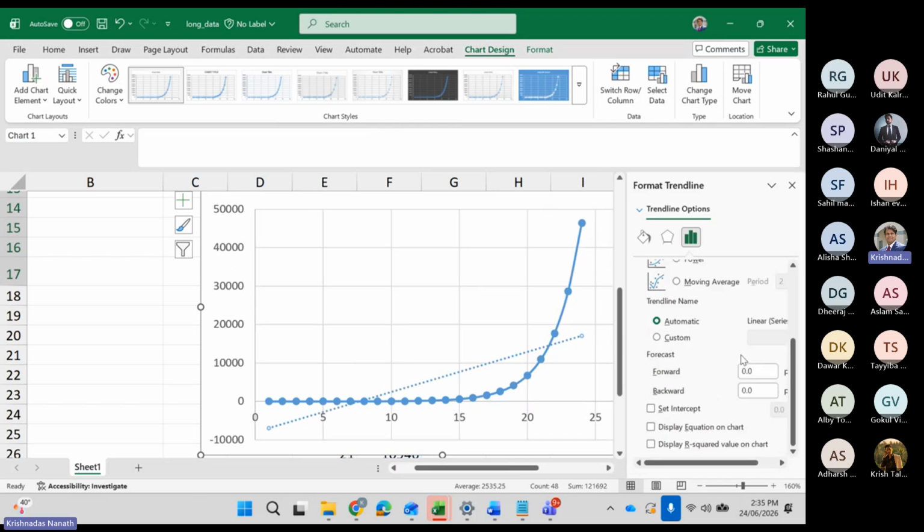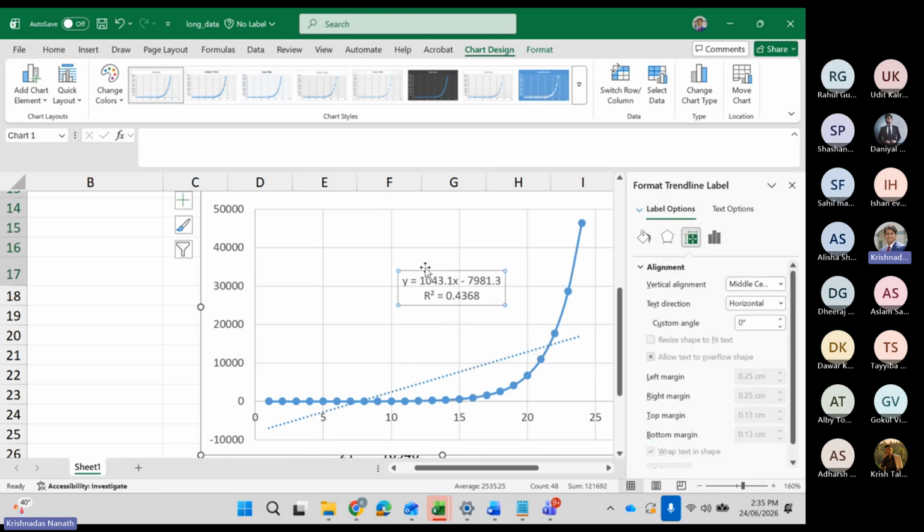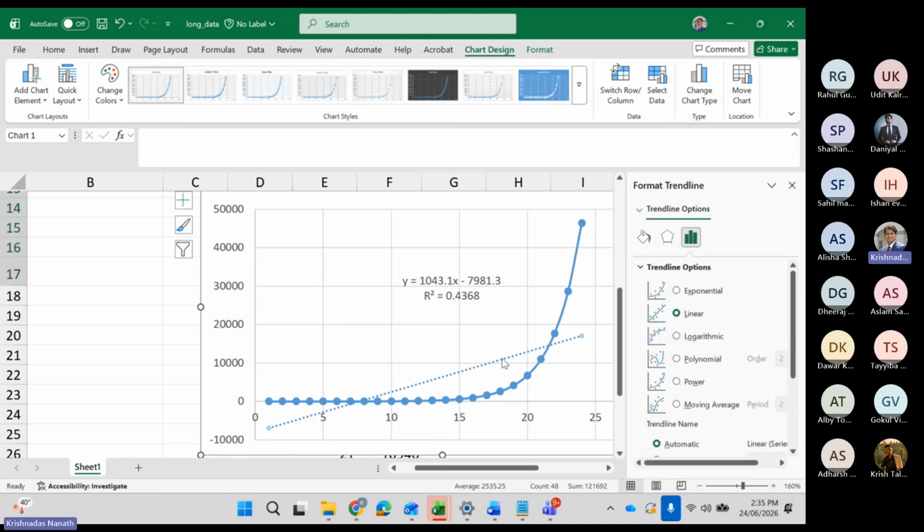And let me put display equation on chart, display r square value on chart. And let me bring this here. And if you click on the dotted line, you will get the options again. Okay. Now, step one, before looking into the equation, I look at r square. And I would say, not that. Yes, 0.46, I would never consider.